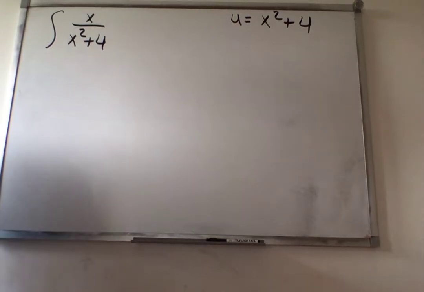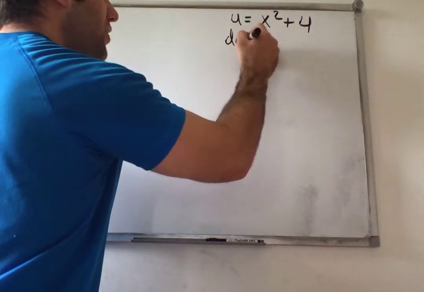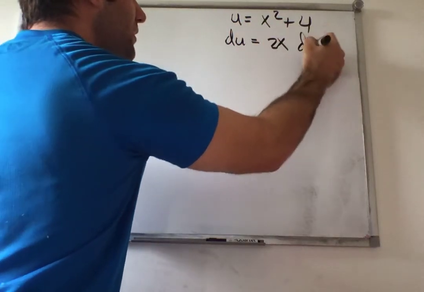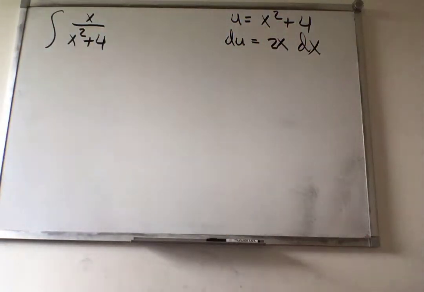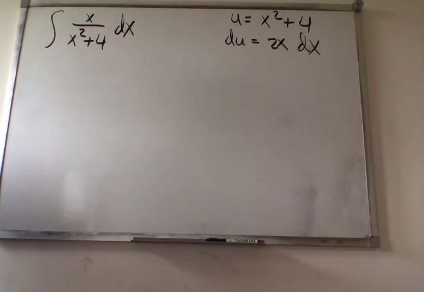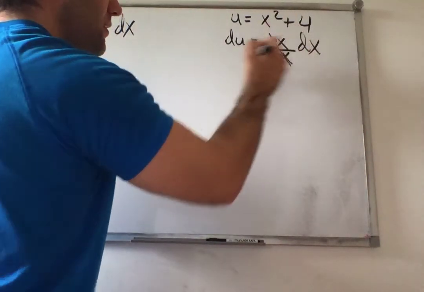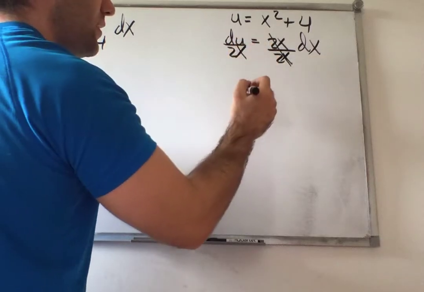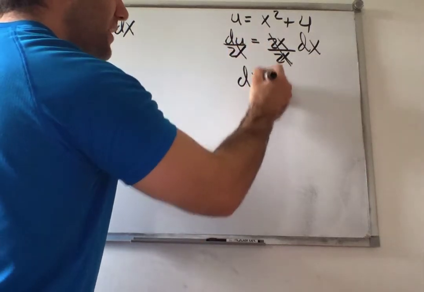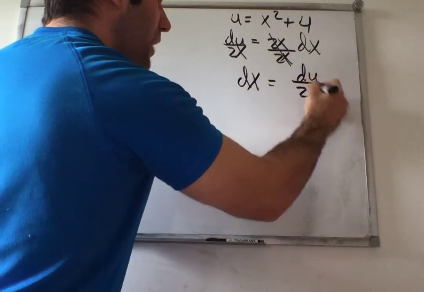So now when I differentiate, you get du is equal to 2x dx. Oh, I forgot my dx right here. Now, I'm going to solve for dx here by dividing by 2x on both sides. So I get dx is equal to du over 2x.